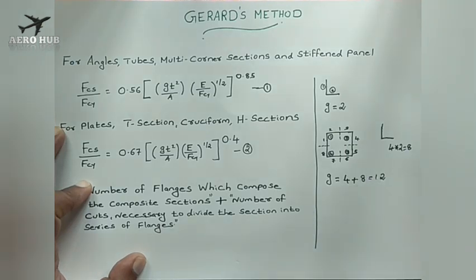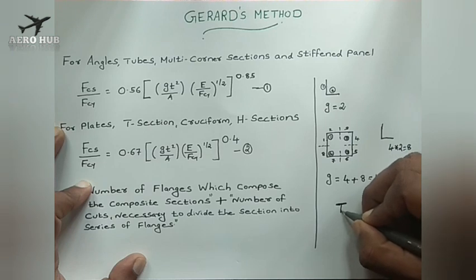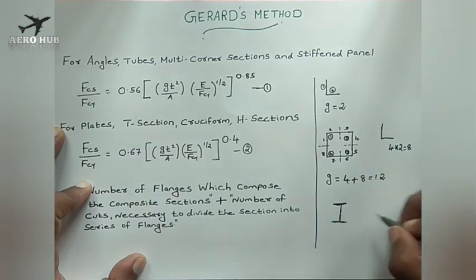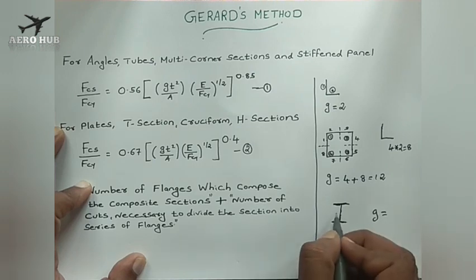Similarly, I take one more section, an I section. What is the value of G for this I section? I will make a cut at the center.